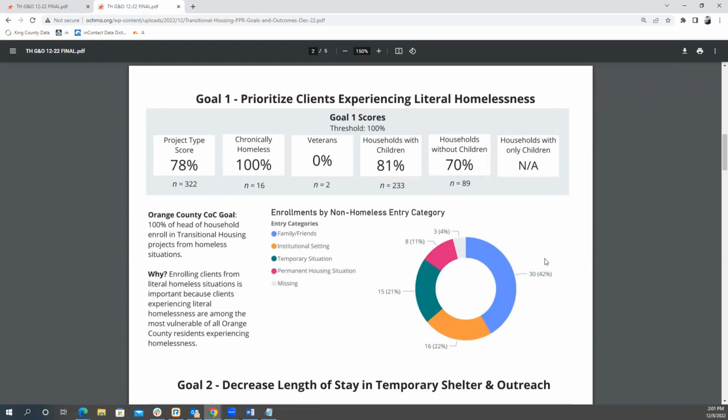So to go into the details a little bit, first we have goal 1 again. This is entries from literal homeless situations. The clients that are not entering from homeless situations, a lot of them are entering after being with family or friends, followed by institutional settings and temporary situations.